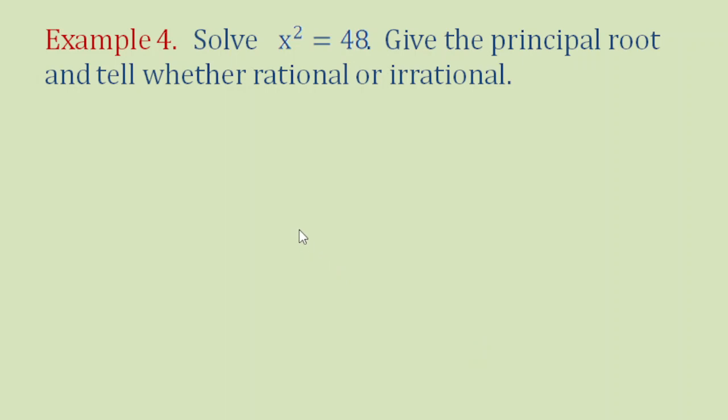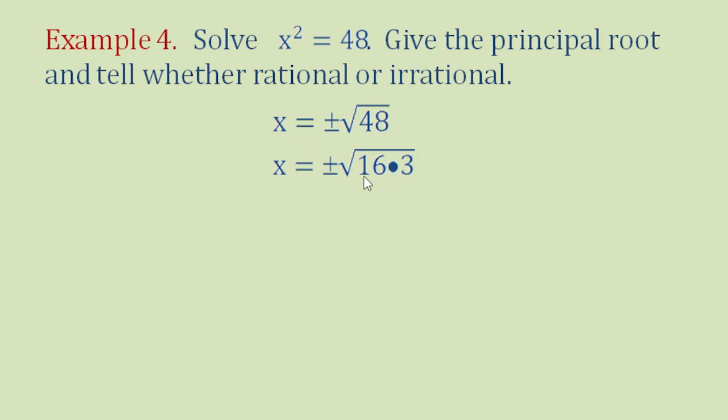Example number 4. Solve x squared equals 48. Give the principal root and tell whether rational or irrational. Again, to get rid of the square here, we find the square root of both sides, and of course there are 2 square roots, one positive and one negative. So we can write x equals positive and negative square root of 48, and we can factor 48 to become 16 times 3.